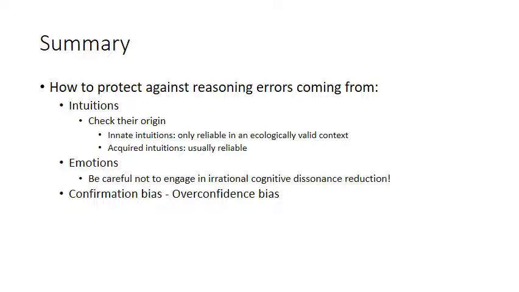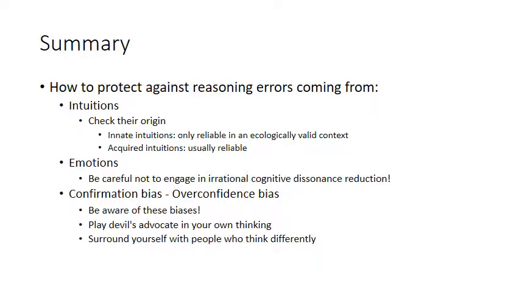And then finally, how can we protect against the reasoning errors of system 2, the confirmation bias and the overconfidence bias that follows from it? Well, first of all, we must be aware of these biases. Again, if I can convince you of one thing, it is to keep your confirmation bias in check, the most important bias.